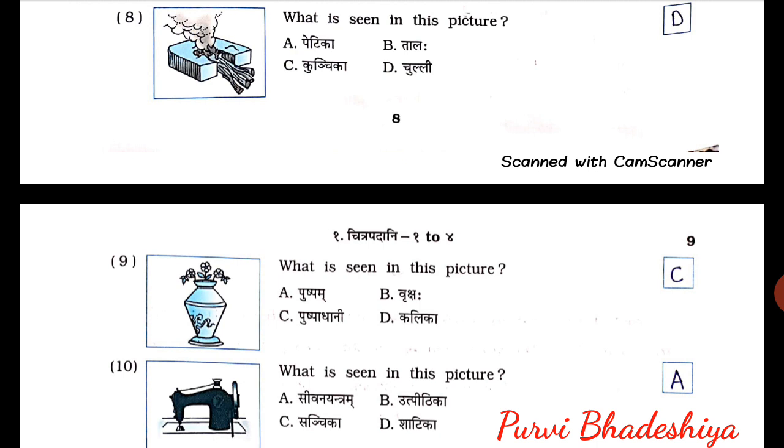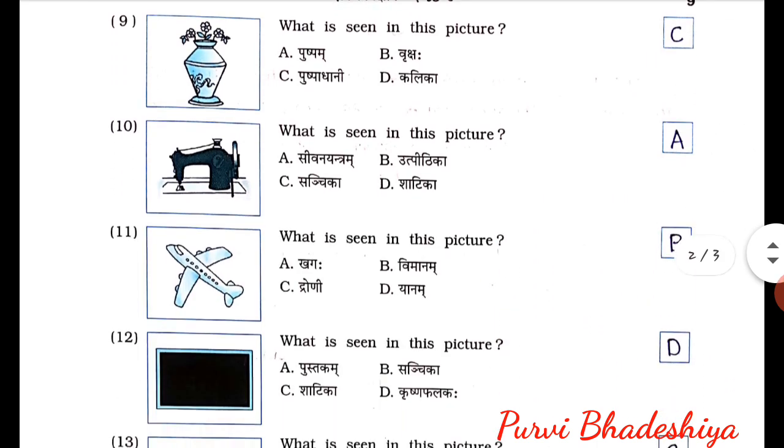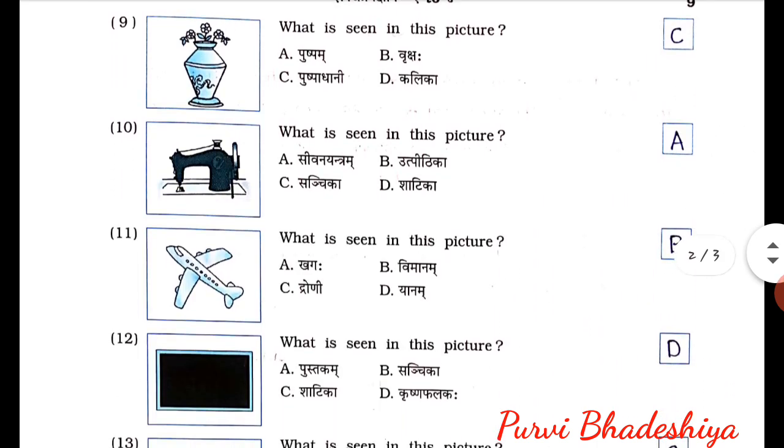Chulli. D. Chulli. 9 number, a flower vase is there and a flower pot is there. So, they are asking a question, what is seen in this picture? So, the answer is C. Puspa Dhani. C. Puspa Dhani. 10 number, what is seen in this picture?